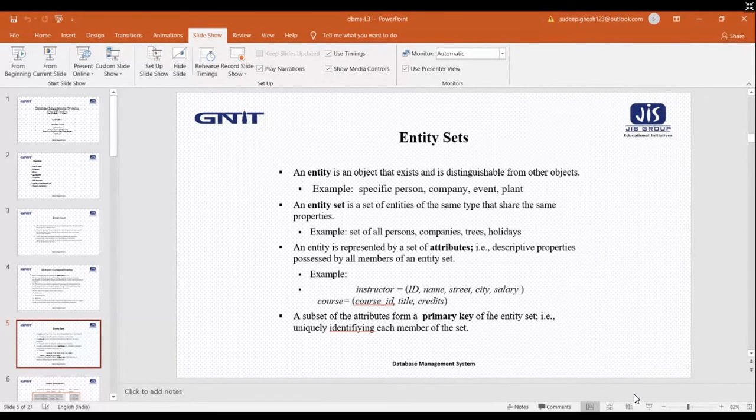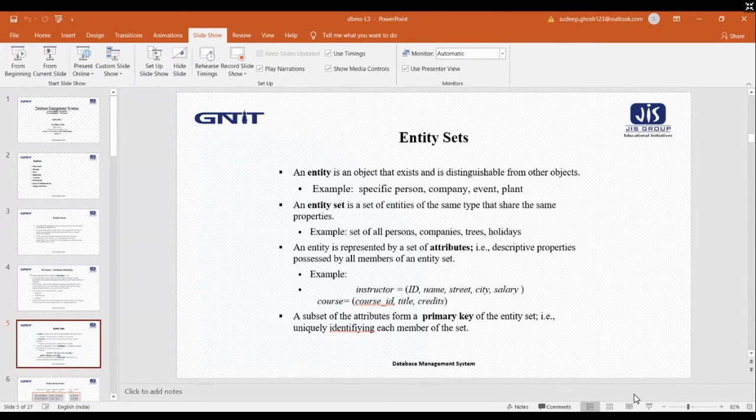In later chapters we also represent entities in this way, because the data doesn't matter; the main thing is the schema of the table. Now course consists of course ID, title and credits. In this way we are giving examples of entities.